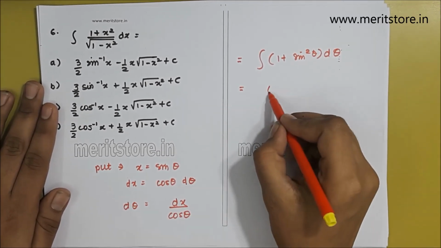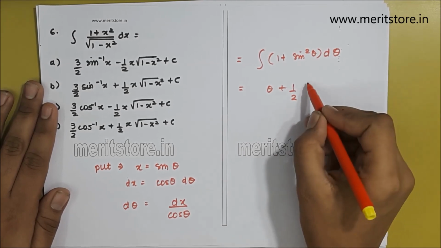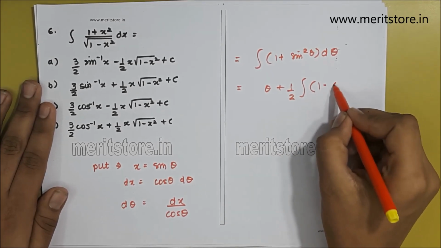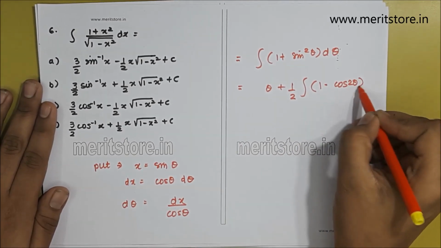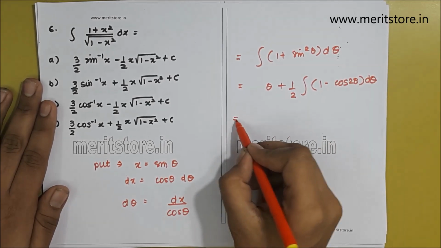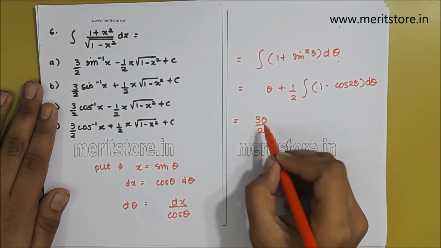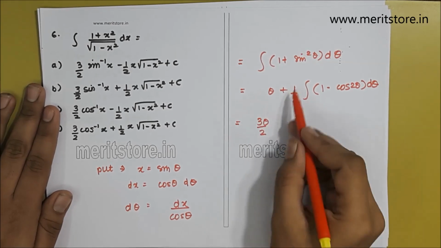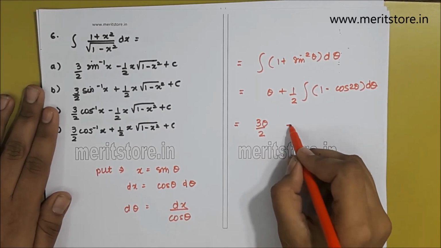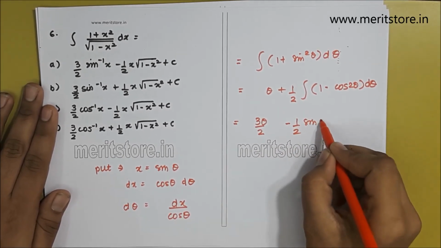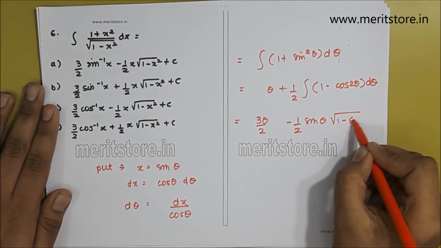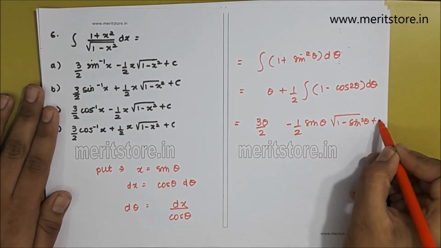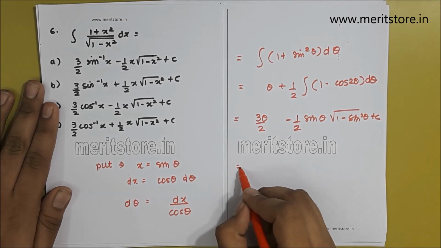After integrating it, theta plus 1 by 2 integration of 1 minus cos 2 theta d theta. So this will give us 3 theta by 2, that is theta plus theta by 2. 3 theta by 2 minus 1 by 2 sine theta square root of 1 minus sine square theta plus c. Now resubstituting the value for theta.